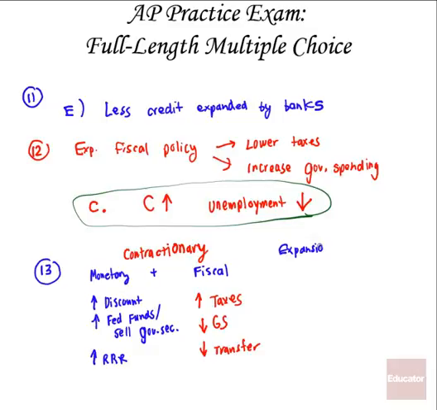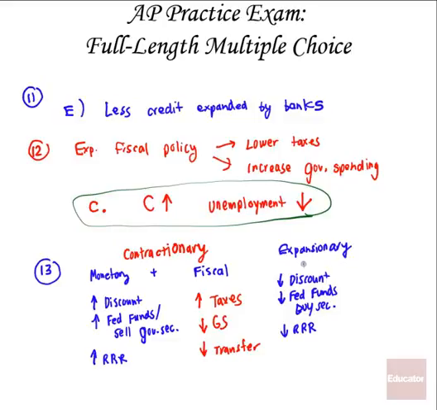So expansionary monetary and fiscal, what are the good things? You lower the discount rate, you lower the Fed funds, or you buy government securities. And then you lower the required reserve ratio. And then for fiscal, it's basically the opposite of what you have here.